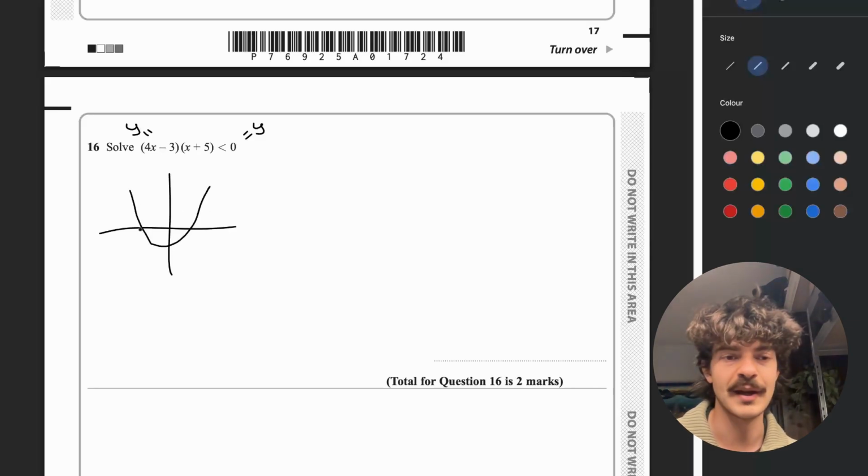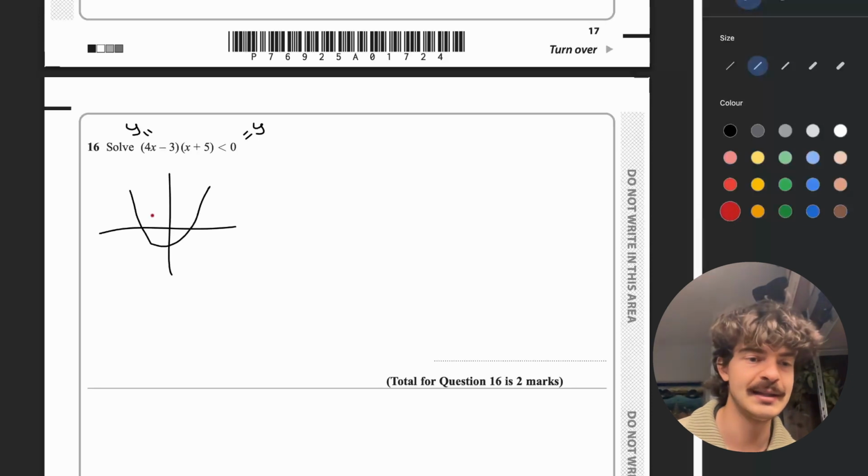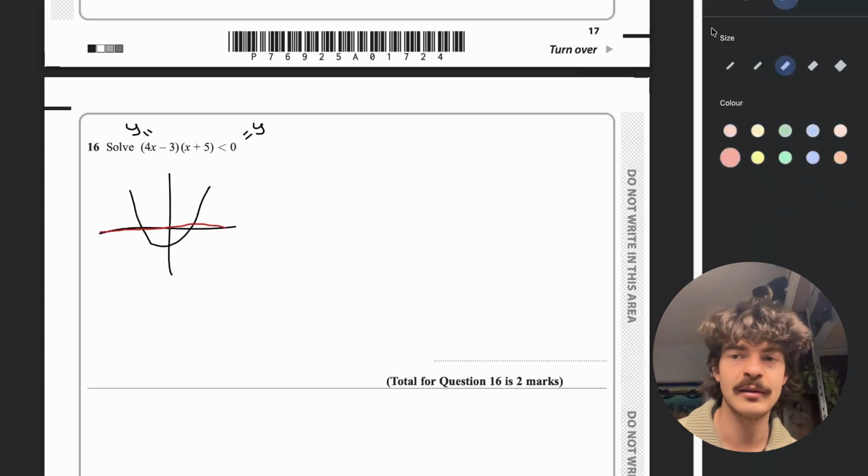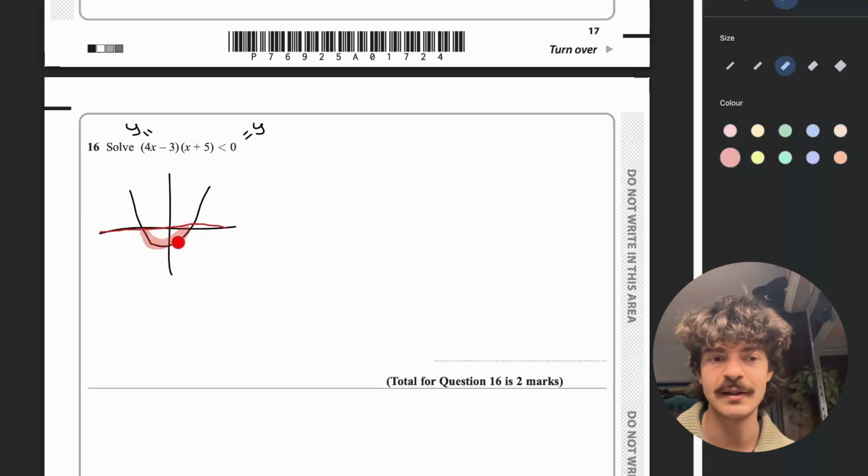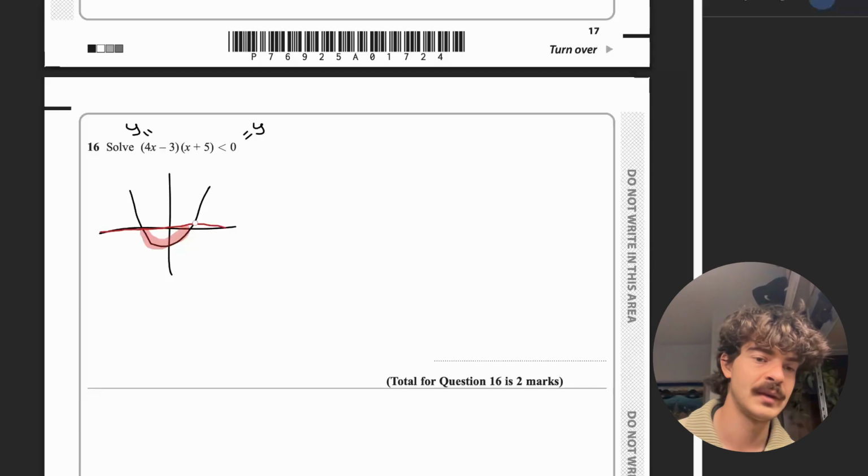And it's going, well, there's your quadratic, and here's your y equals 0. Can you tell me the values of x for when your quadratic is less than 0, i.e. this bit under the curve? So you just want to find the points where it crosses the x-axis, and then we want the region in between. Okay, so let's come back to this idea in a moment.